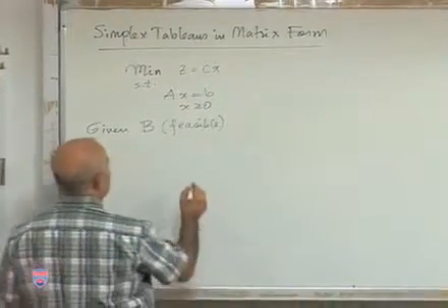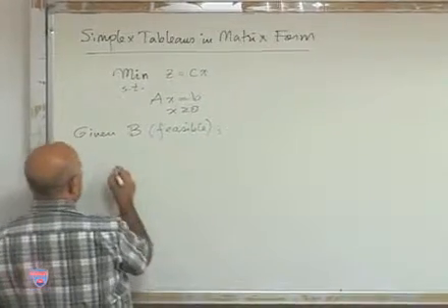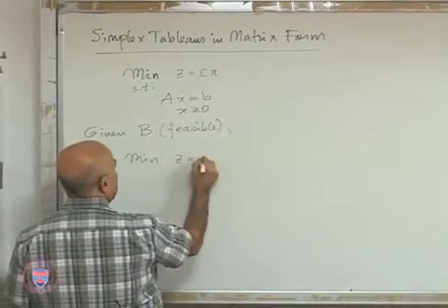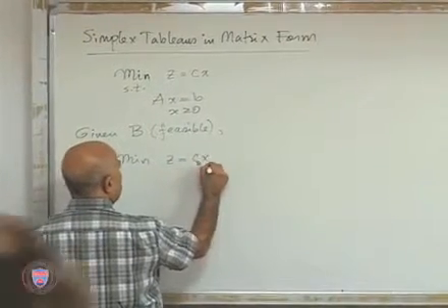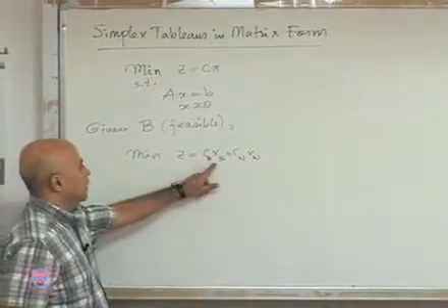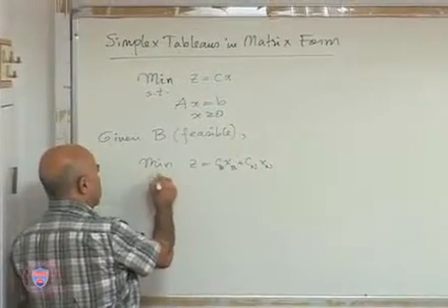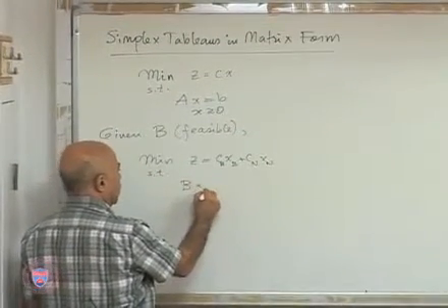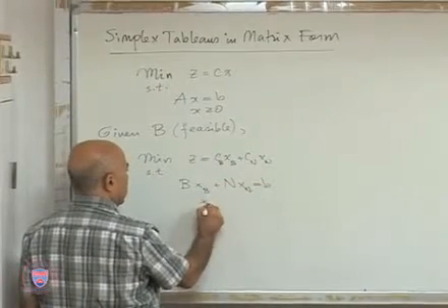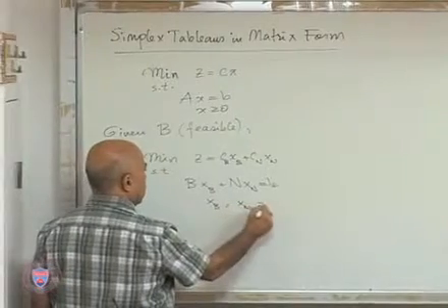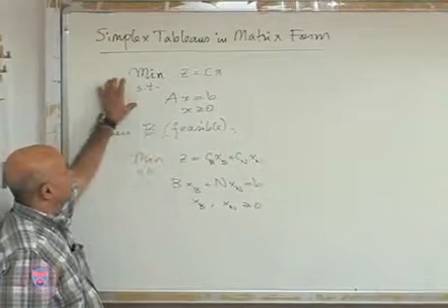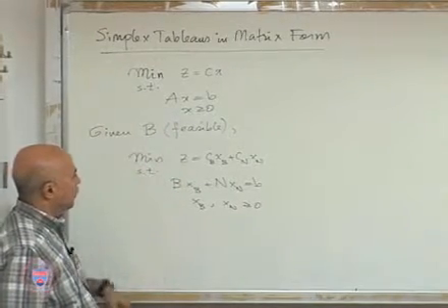All right, so given a feasible basis B, the partitioned form of the problem was minimization of C sub B x_B plus C_N x_N, basic part plus the non-basic part, subject to B x_B plus N x_N equals b, x_B, x_N greater than or equal to 0. That was the partitioned version of the standard form problem.